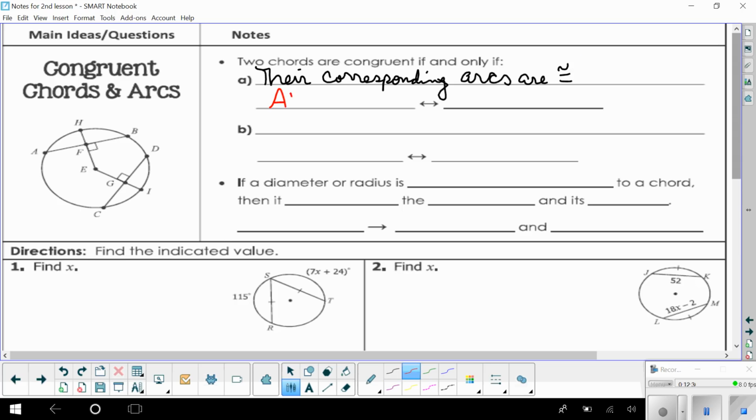So if AB is congruent to CD, the measure of arc AB is congruent to the measure of arc CD.